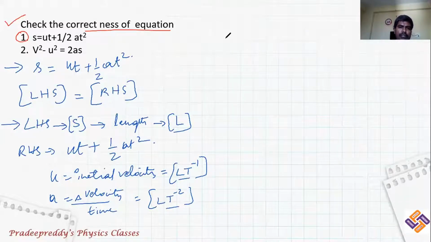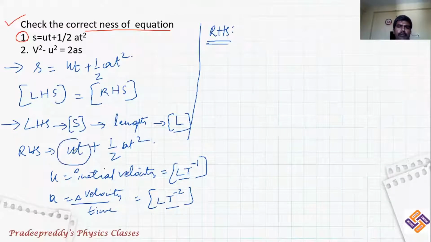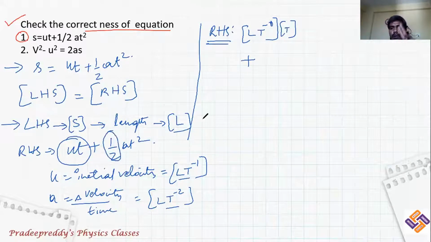I'll substitute those here in the RHS. Check it out. You have u and t. What is u? L t power minus 1. And what about t? Plus, and this half does not have any dimensions, half is a number, right? What does rule 2 tell you? Numbers have no dimensions. So you should not take half.